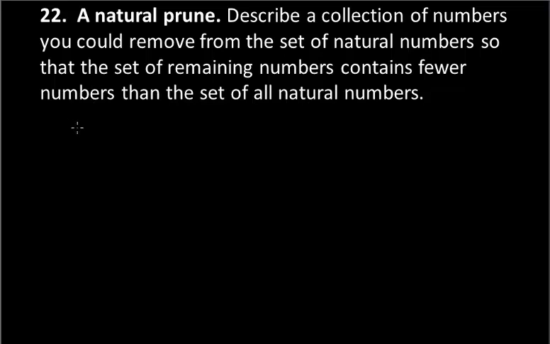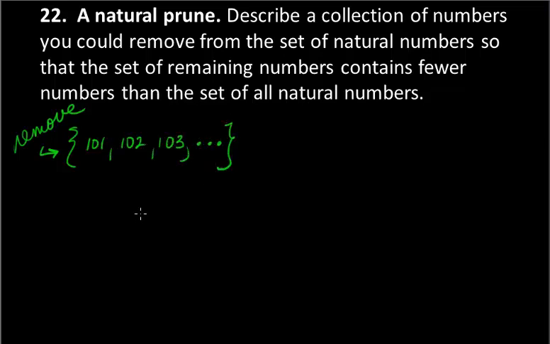Let's remove 101, 102, 103, and everything after that. So remove all numbers greater than 100, and we are left with a finite set: 1, 2, 3, and all numbers up to 100.